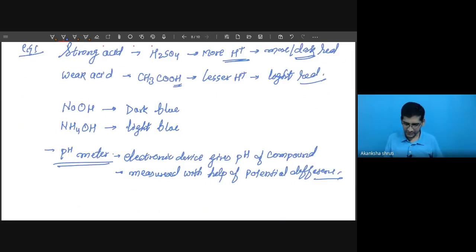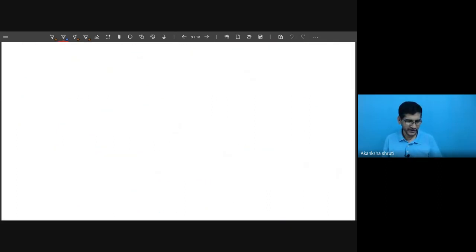Now another small topic regarding our lichen or litmus.